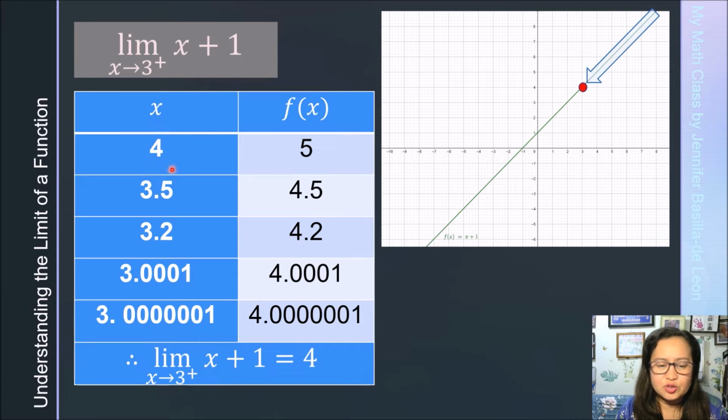Now look at the trend: as the value of x approaches 3, the value of f of x approaches 4. Therefore, we can say that the limit of x plus 1 as x approaches 3 from the right is also 4.